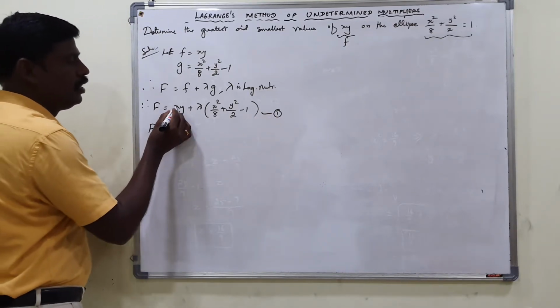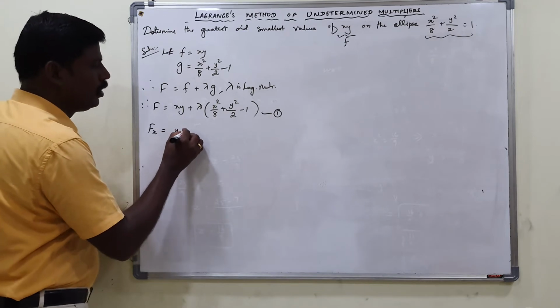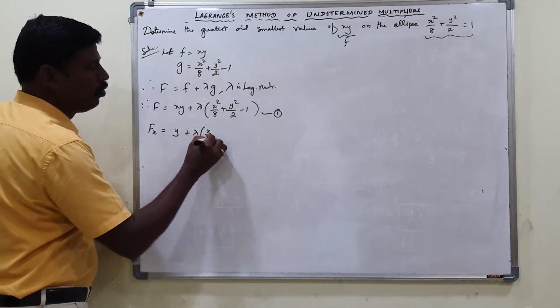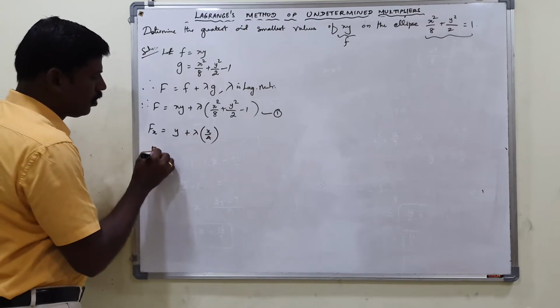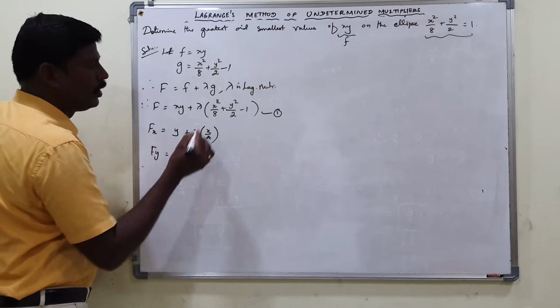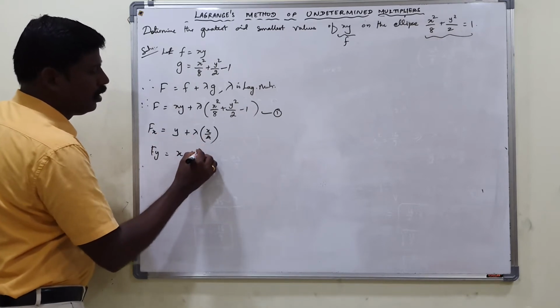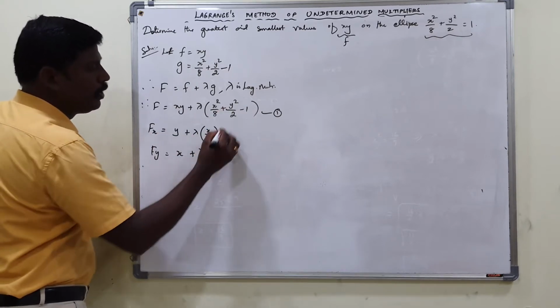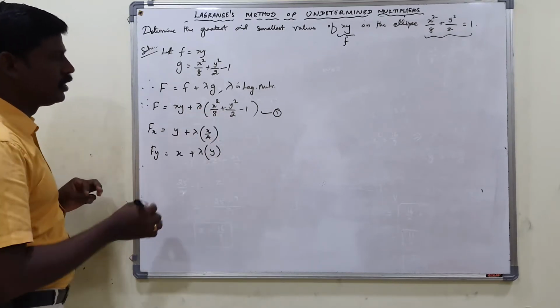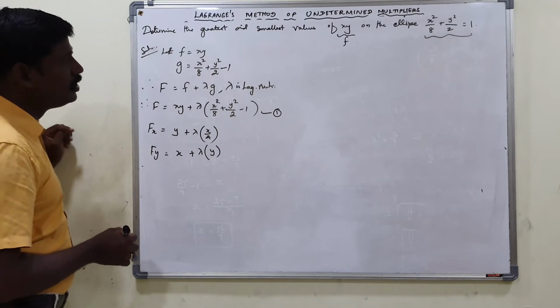Fx is 1 into y plus lambda into 2x by 8, so x by 4. Fy is x into 1, x, plus lambda into 2y by 2, so it is y. No need to find Fz, Fz is already 0.